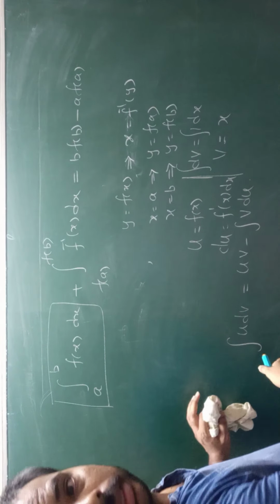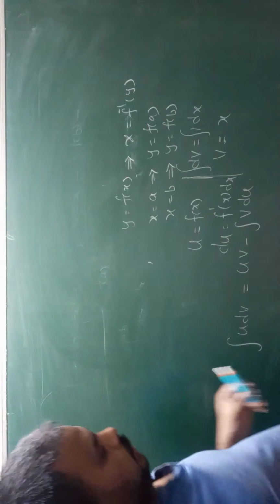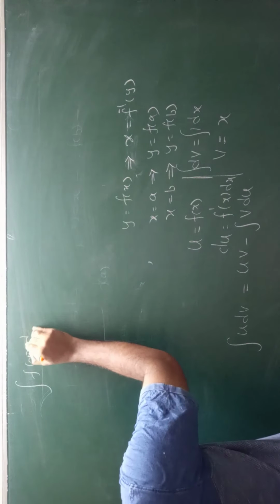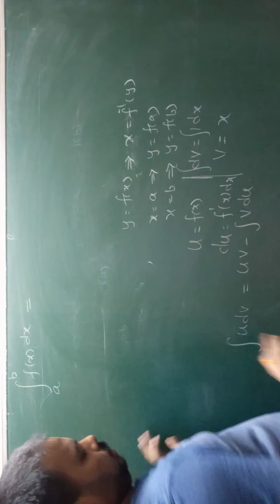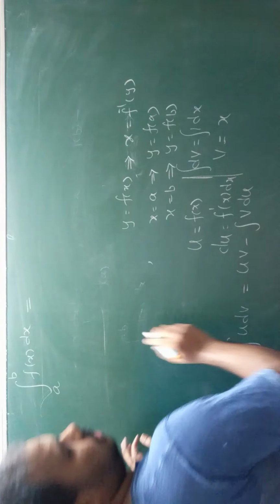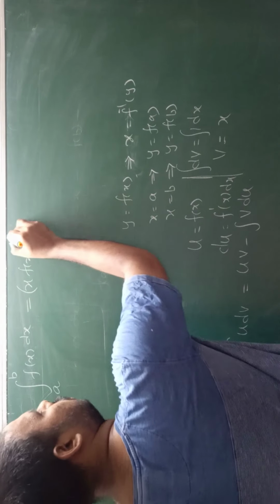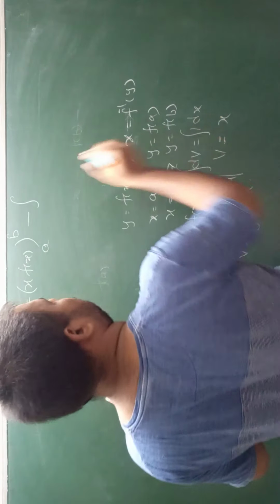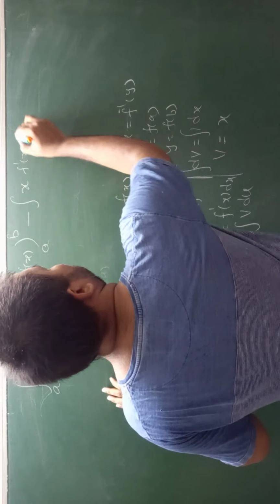Now here, integral a to b f of x dx, that is integral u dv. uv is nothing but x into f of x, under the limits a to b, minus integral of v into du. v is nothing but x, du is nothing but f dash of x dx.